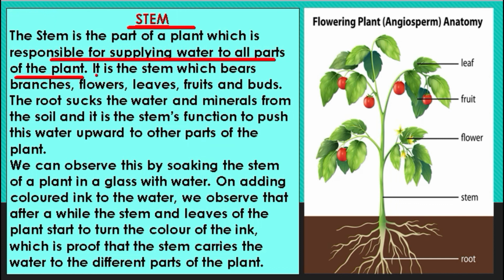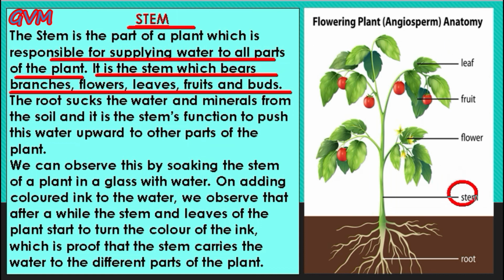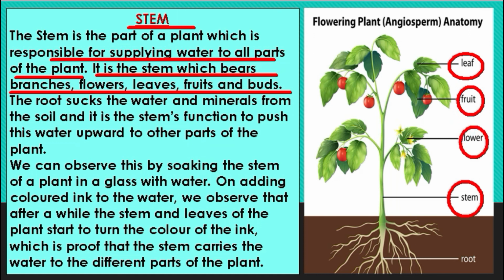And students, it is the stem that bears branches, flowers, leaves, fruits and buds, as you can see here in this image. This one is the stem, and this stem bears leaf, fruit, flower, etc.